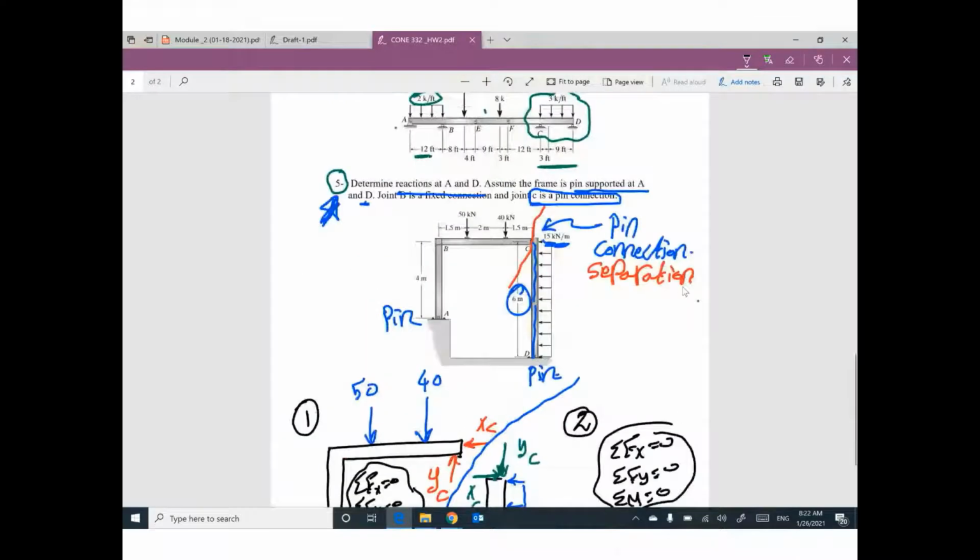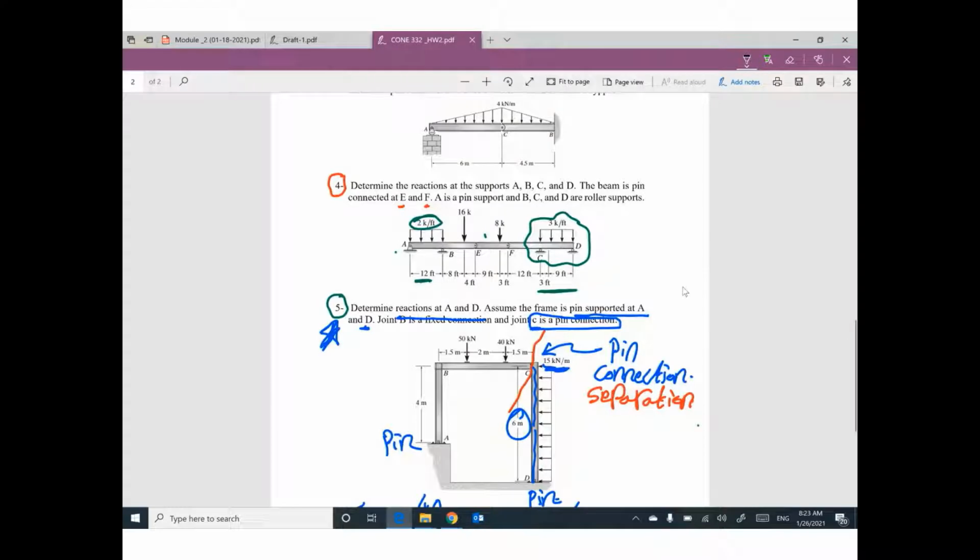So if you are looking for reactions, I'm gonna read the problem carefully. The first thing I need to focus on is, what is the type of support? Hinge or pin or fixed or roller. The second thing I need to focus on is, do you have pin connection? Because if you have pin connection, you need to do separation.